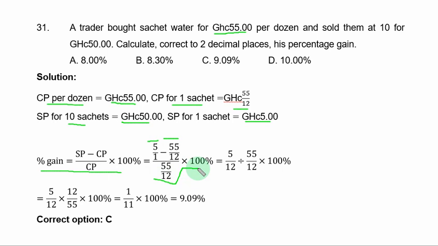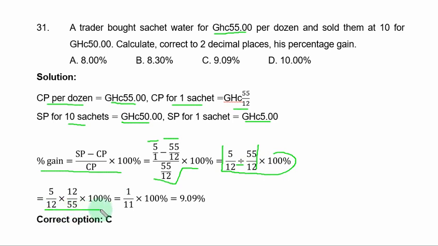If you simplify the numerator, you have 5 over 12 divided by the denominator times 100%. Anytime when dividing fractions, the division sign changes to multiplication and you have to invert this fraction. So you have these results.